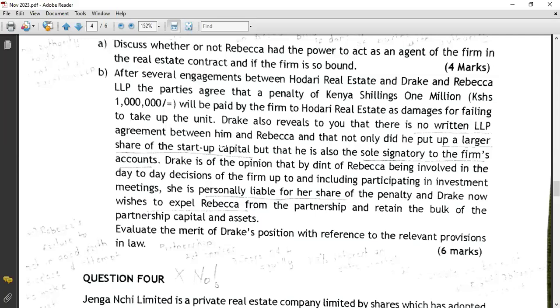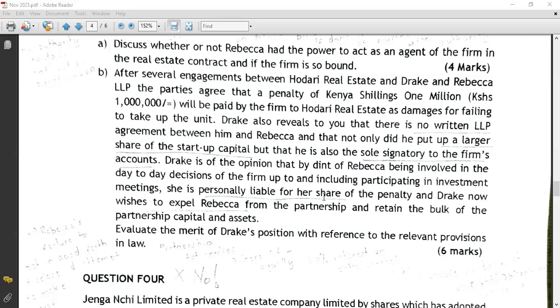Since there is nothing written, he cannot take the position that by the fact that Rebecca is involved in the day-to-day, she has to be responsible as the farm based on the nuances of partnership.